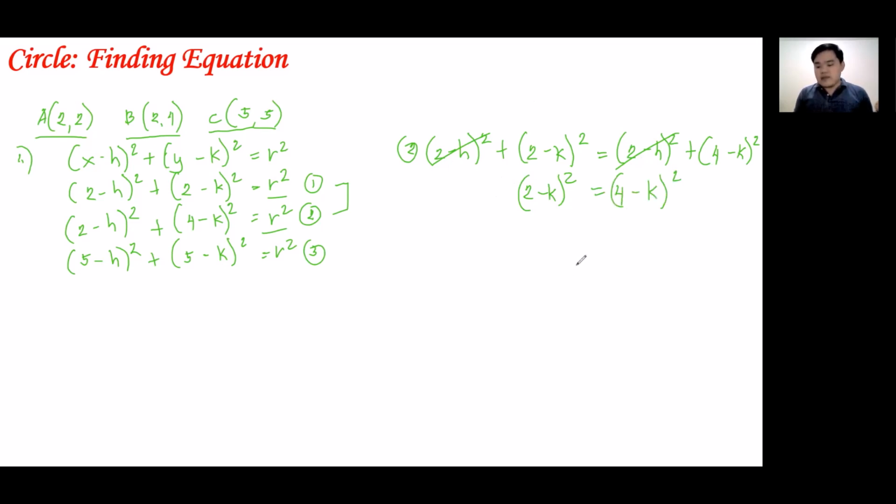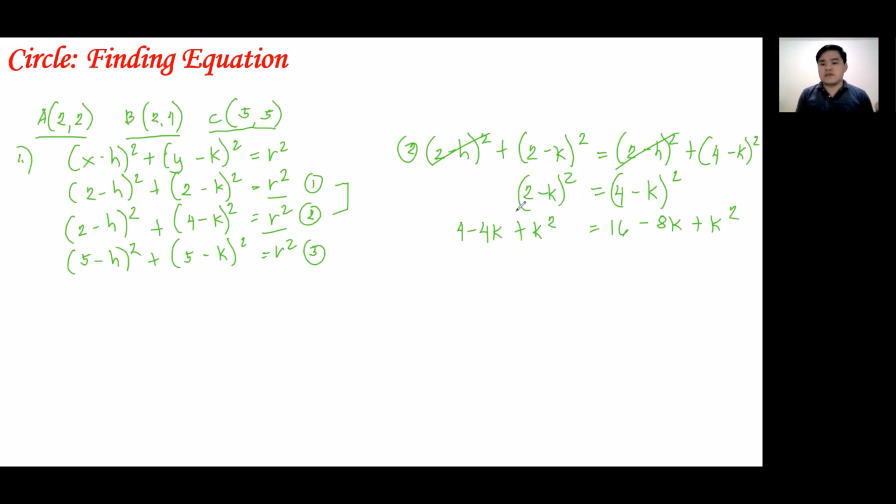Okay, now based on this one, we're going to expand these terms. How we're going to expand this is what we call the square of a binomial, right? So this is 4 minus 4k plus k squared. And this is 16 minus 8k plus k squared. Sir, how will you get that one?